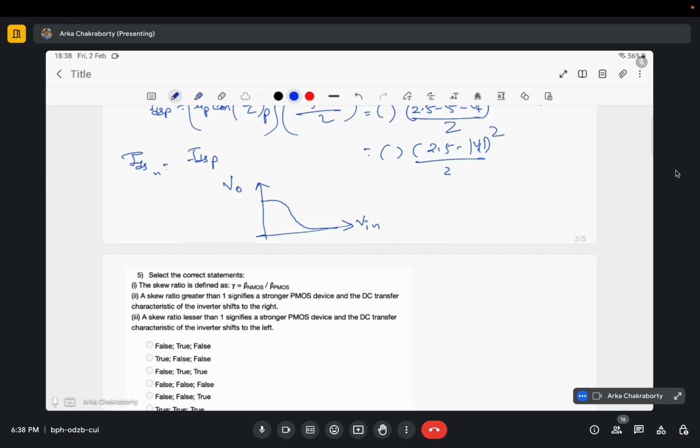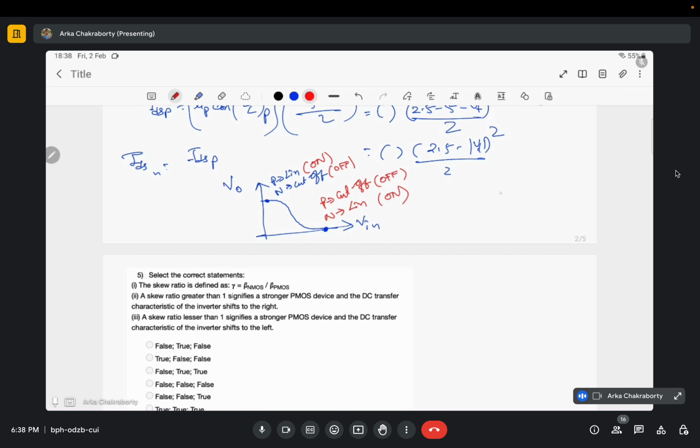you can see here, in this case my PMOS is on in linear region, but NMOS is in cutoff region, right? And in this position my PMOS goes to cutoff region while my NMOS stays in linear region. So when my PMOS is on, my NMOS is off. Similarly, when my PMOS is off, my NMOS is on.